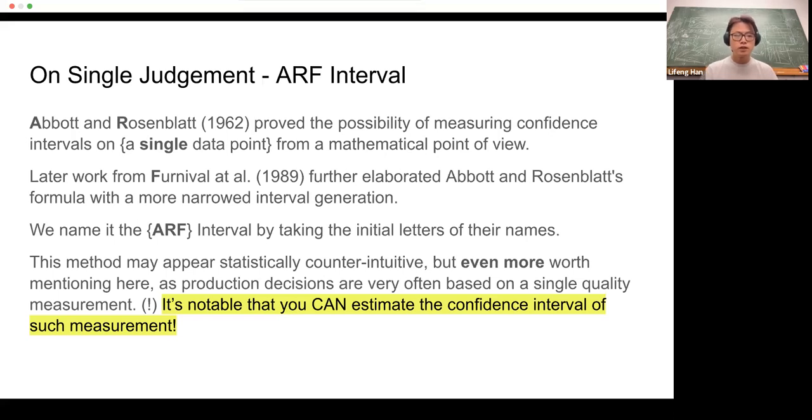So we name it the ARF interval by taking the initial letters of their names. This method may appear statistically counterintuitive, but it is even more worth mentioning because production decisions are very often based on a single quality measurement. It is notable that you can estimate the confidence interval of such a measurement.